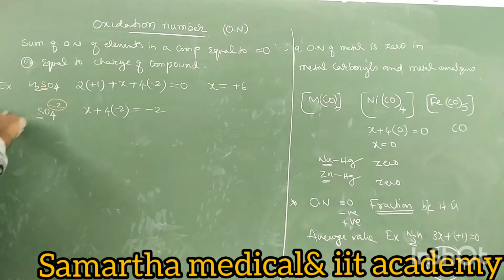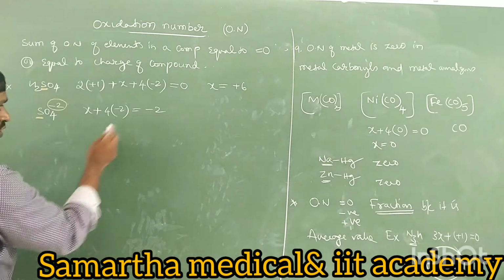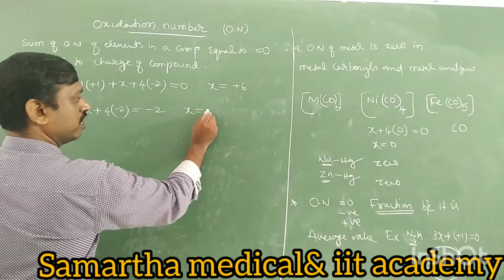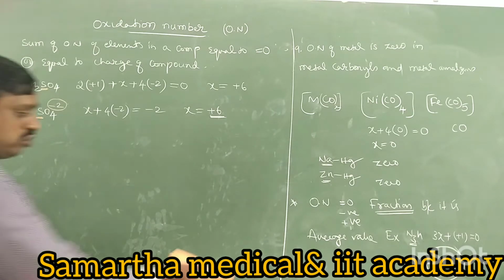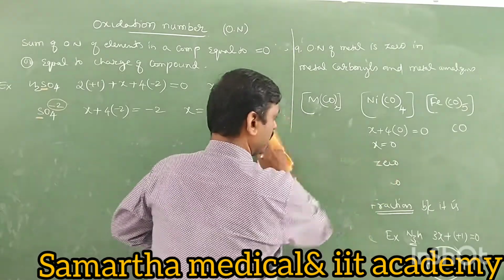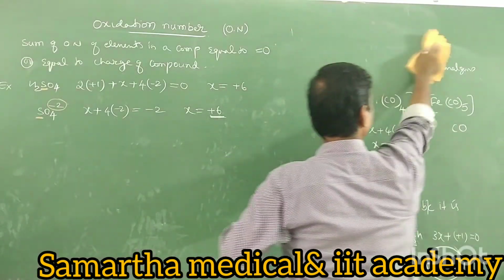So therefore the sum of the oxidation states of all the elements equals its total charge, minus 2. So here if you calculate, X again equals plus 6. Okay, so these are some important rules to calculate the oxidation number of an element.